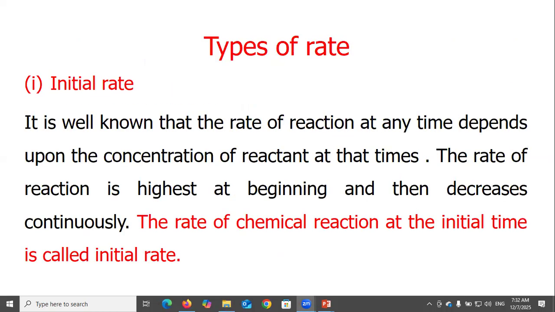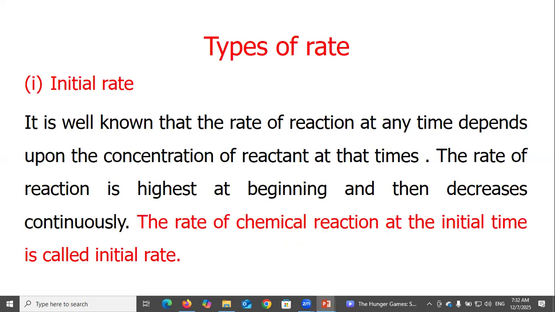Types of rate. Initial rate. It is well known that the rate of reaction at any time depends upon the concentration of reactants at that time. The rate of reaction is the highest at the beginning and then decreases continuously.